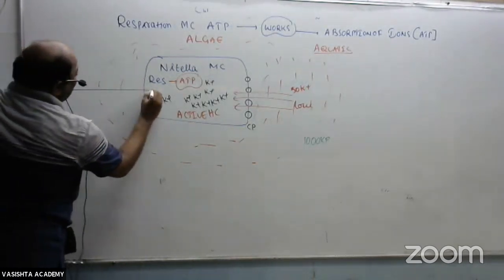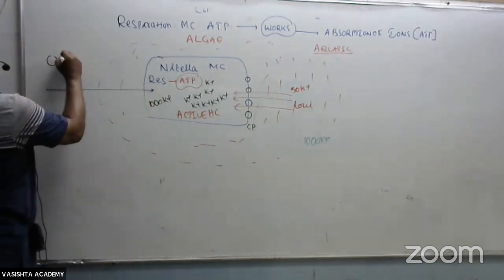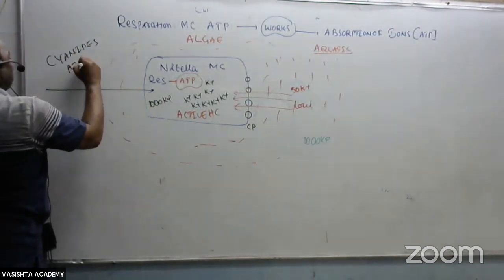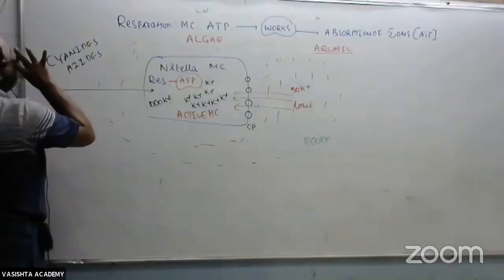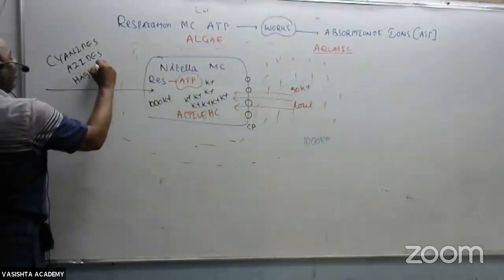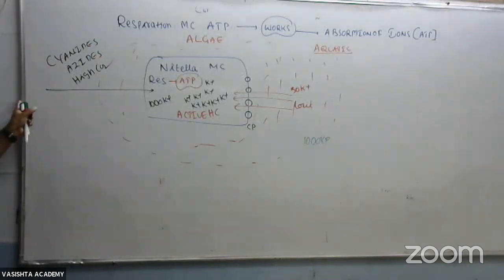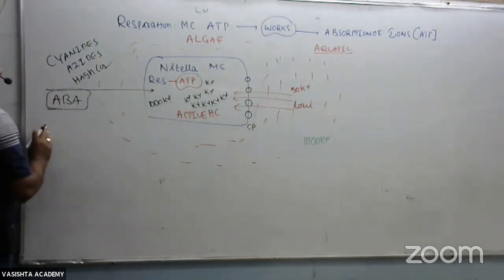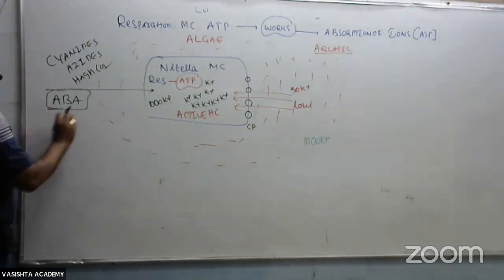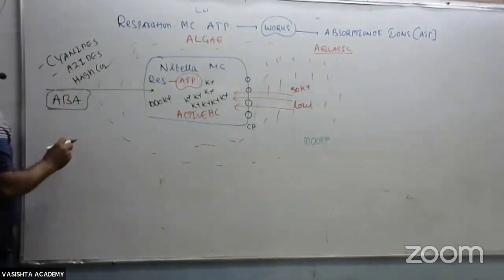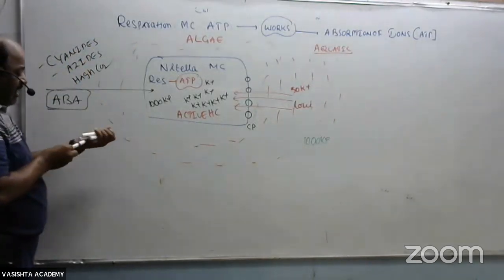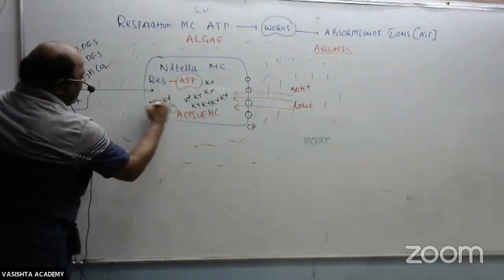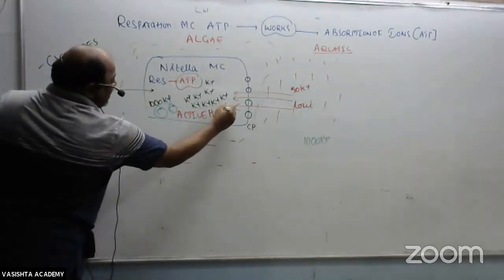Towards these Nitella algal filaments, the scientist added cyanides as well as azides, and subjected the Nitella algal filament to a high concentration of carbon dioxide. Or he added a phytohormone like abscisic acid, or a high concentration of carbon dioxide, or a pinch of cyanides or azides. Look at here. Now this is the green chalk. Cyanide is added, or otherwise azides is added.